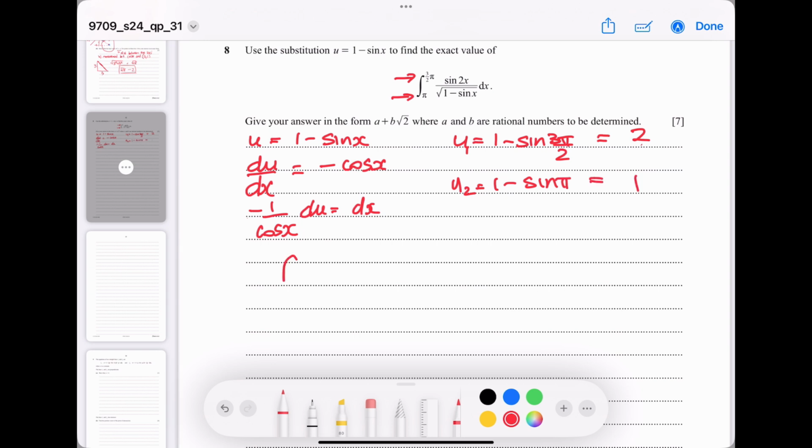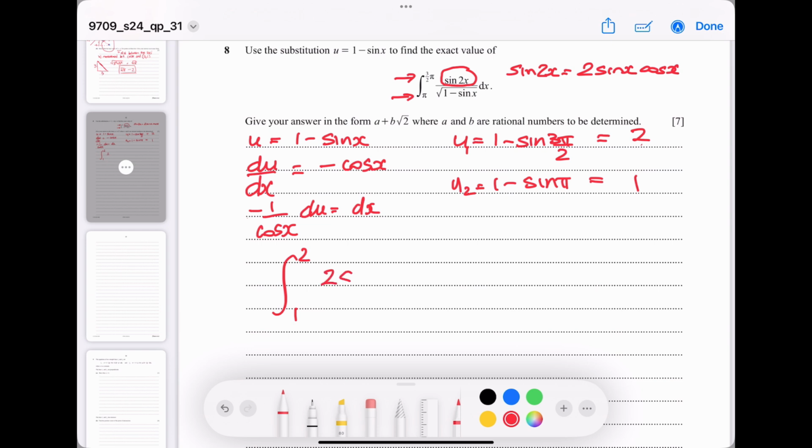So our new limits are going to be 2 and 1. I'm also going to replace the sine 2x using the identity sine 2x is equal to 2 sine x cos x. So let's put that in now.